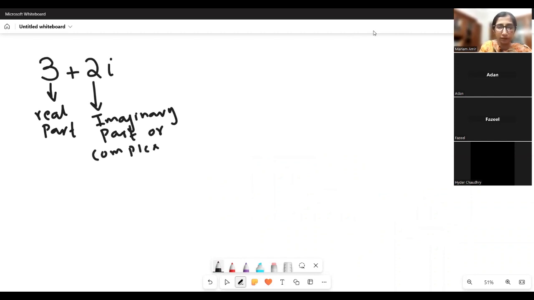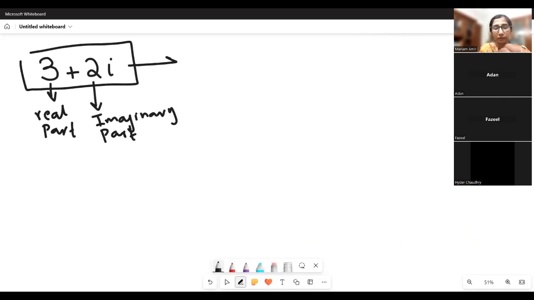I think imaginary part is more appropriate. The whole thing is the complex number. And this is called a complex number, which has a real part as well as an imaginary part.